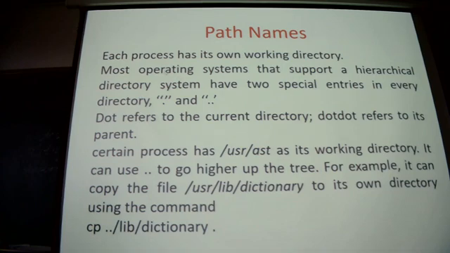In the operating system, each process has its own working directory. There are two special entries. We just use dot. So what does this dot mean? Dot in a path means the current directory.